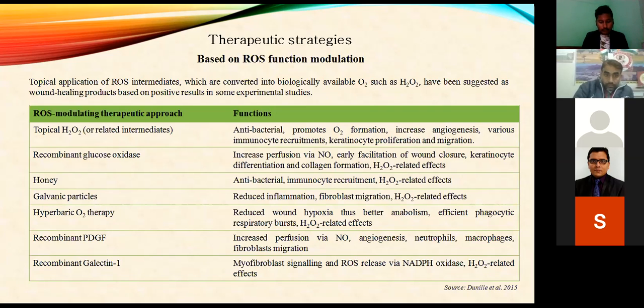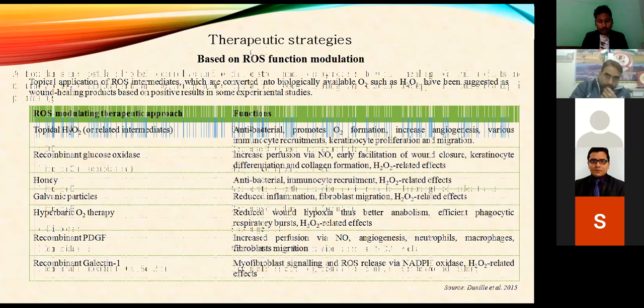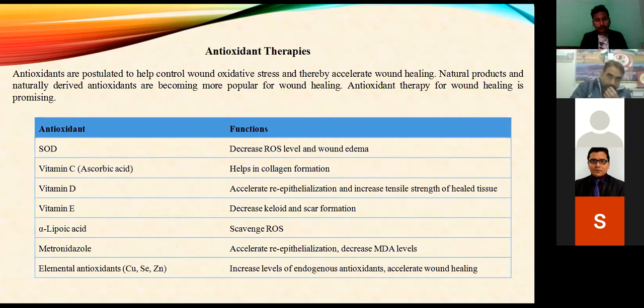Recombinant platelet derived growth factor increases perfusion via nitric oxide, like recombinant glucose oxidase, and promotes angiogenesis and neutrophil, macrophage, and fibroblast migration to the wound site. Recombinant galectin 1 is important for myofibroblast signaling and ROS release via NADPH oxidase and other hydrogen peroxide related effects. By these, the ROS is modulated and wound repair can proceed.